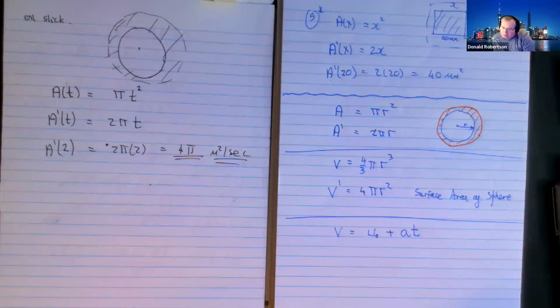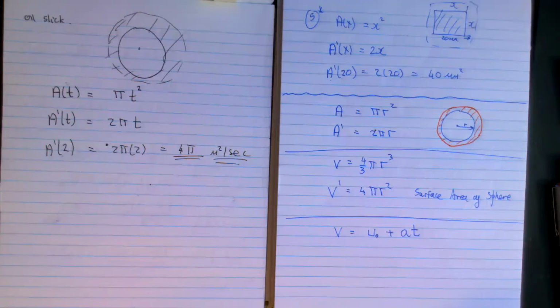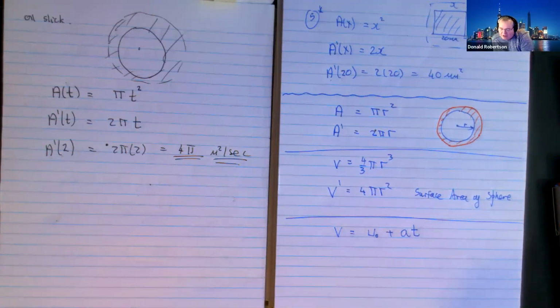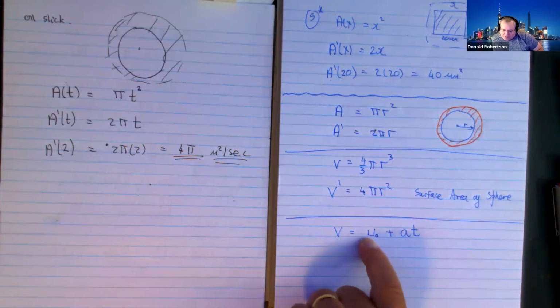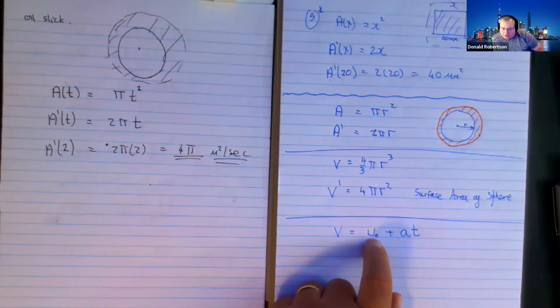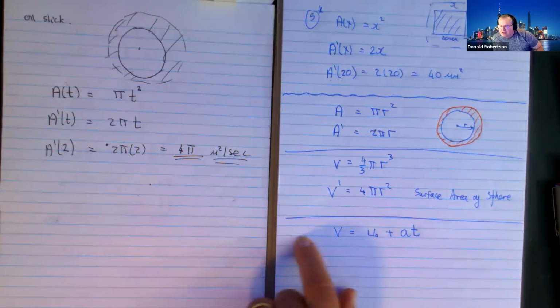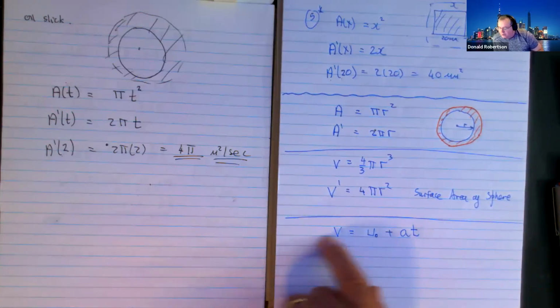No. Gravity? It does have gravity connected to it and acceleration. That's the velocity of an object with an initial velocity of u and acceleration of a. This is the formula for the velocity.